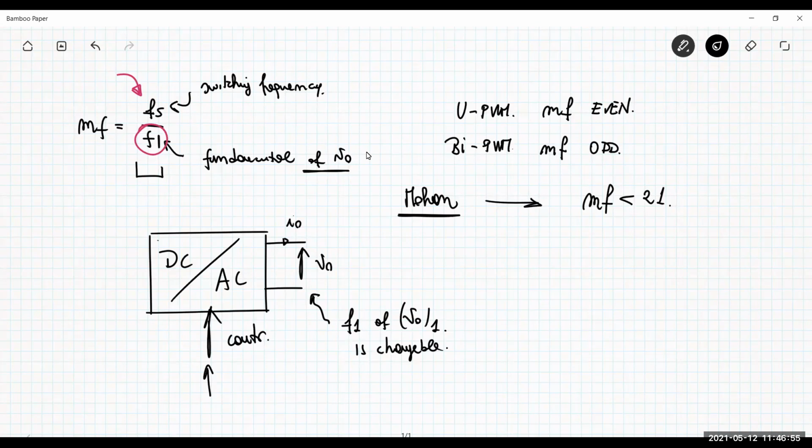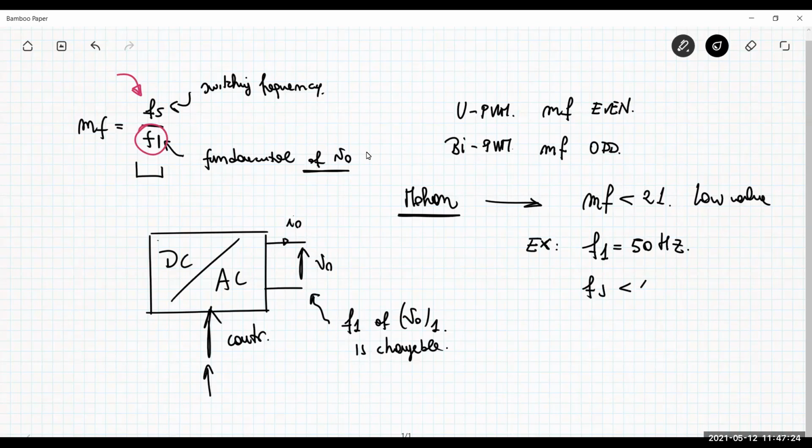For MF which is less than 21, this is indicated as MF having a low value. This means that, for example, if the output frequency that you are using at the output of your inverter is as low as 50 hertz, so tens of hertz, it means that Fs should be less than 1 kilohertz.